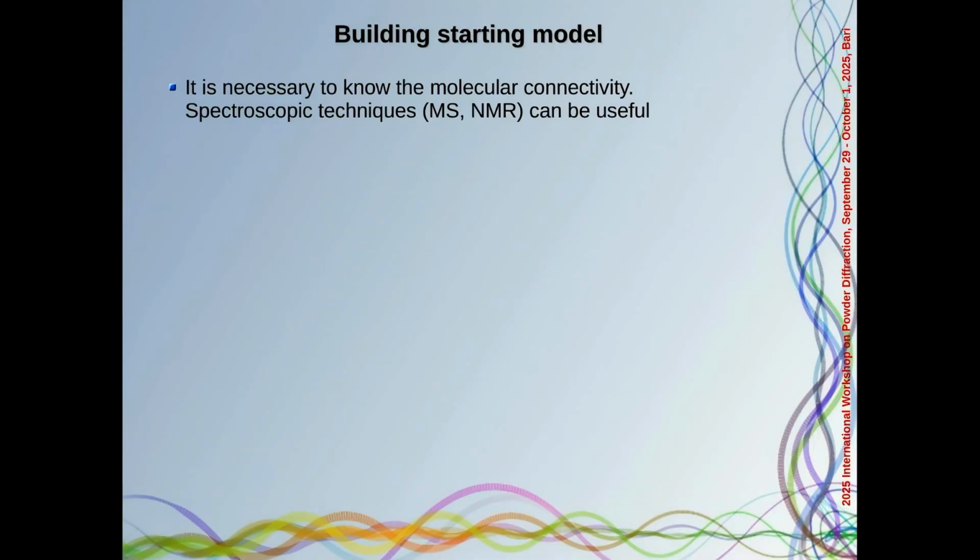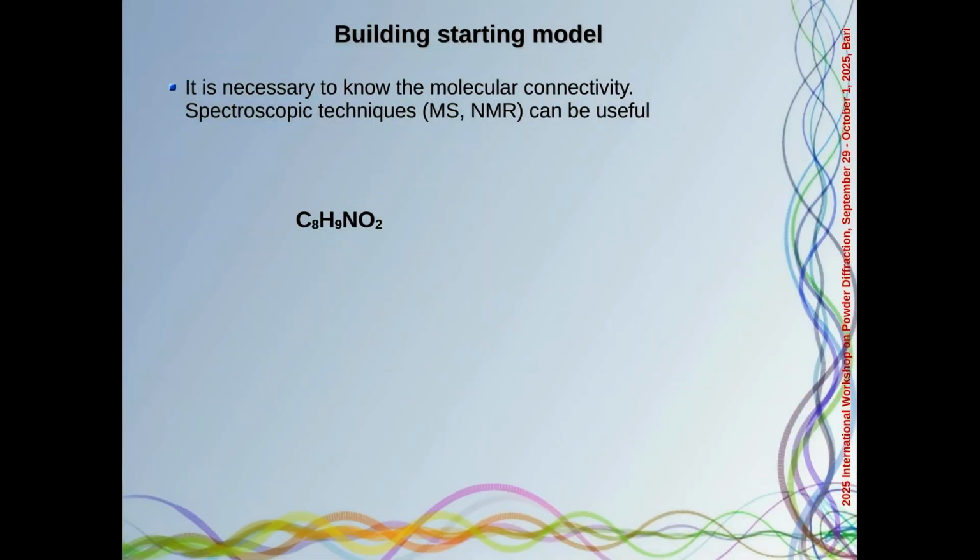Another important step is the process of building a starting model for real space methods. When you apply a real space method, it's important to know the molecular connectivity of your compound. This is not a big restriction if you are solving molecular compounds, for example organic molecules, because they are generally obtained by controlled synthesis, and there are analytical techniques that you can use to obtain quickly and accurately information about the molecular connectivity.